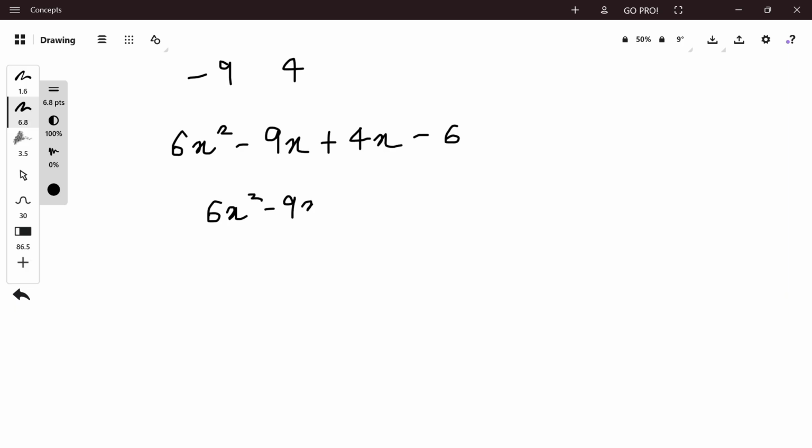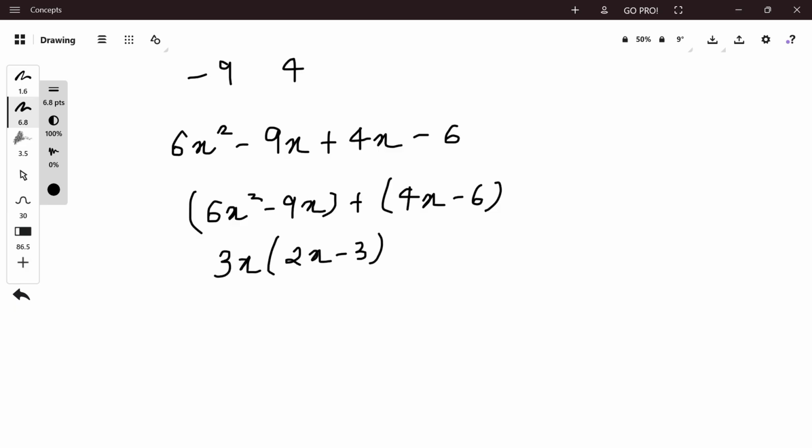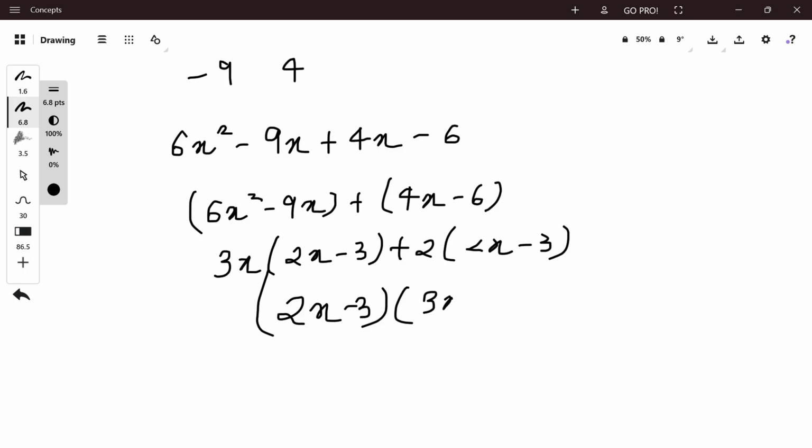Grouping the terms and factoring out the greatest common factor for each pair, that is 3x into 2x minus 3 plus 2 into 2x minus 3. Factor out the common binomial, that is 2x minus 3 into 3x plus 2.